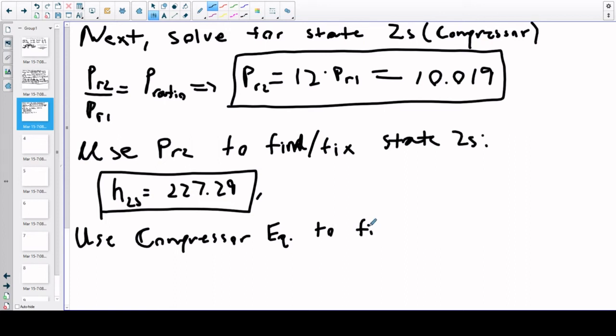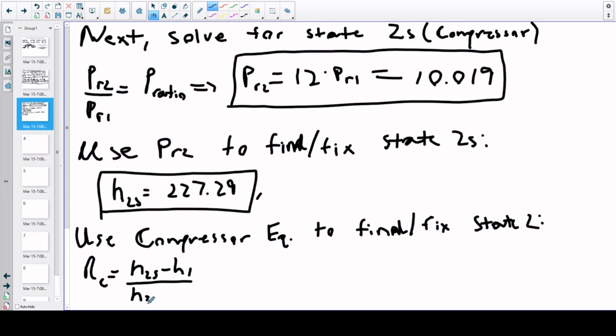Since we've been doing this all of Thermo 2, anytime we're using cycles and efficiency, if you have the perfect case and the state before it, you can solve for the real case, the actual case. And so eta compressor is equal to H2s minus H1 divided by H2 minus H1.